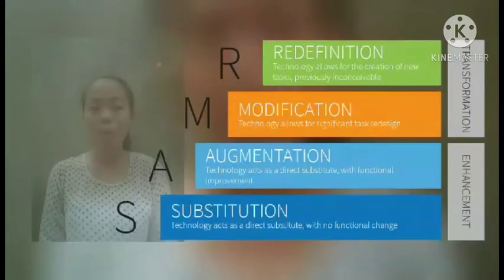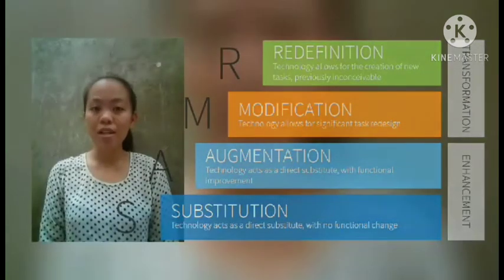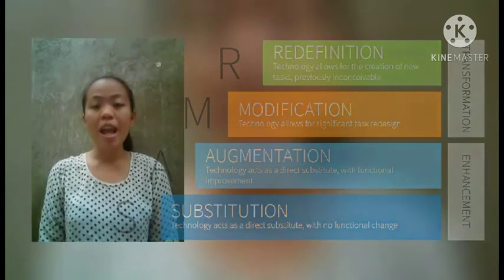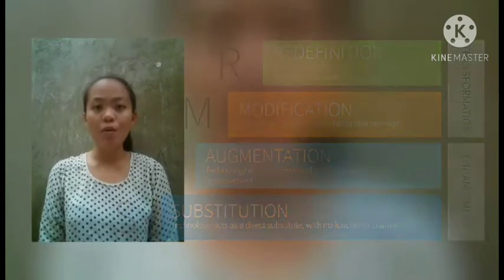SAMR is a developed model for educators to clarify how they are engaging technology in teaching and learning. SAMR is categorized into 4 different degrees or stages. The letters SAMR stand for S, substitution, A, augmentation, M, modification, and R, redefinition.